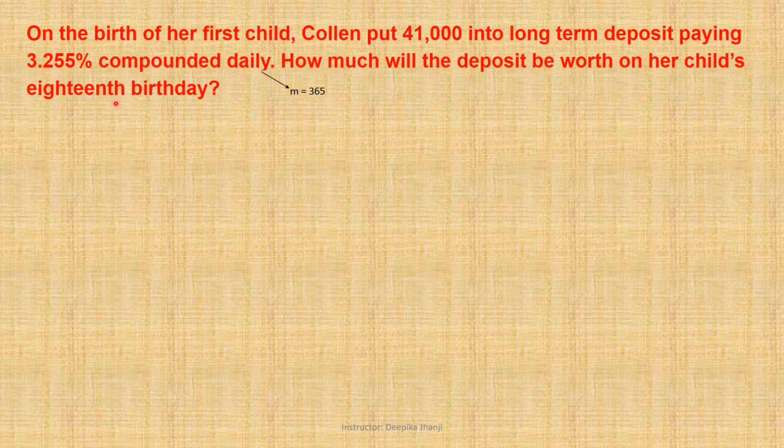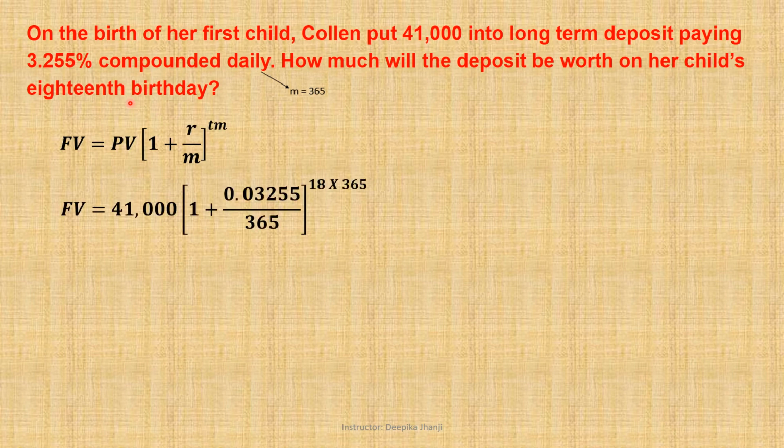Because we want to calculate the future value, we'll use the future value formula to calculate FV. Let's plug in the values here. So PV is 41,000. R, when we convert into decimals, is 0.03255. This we get by dividing 3.255 by 100. And then M is 365, raised to the power 18 times 365.